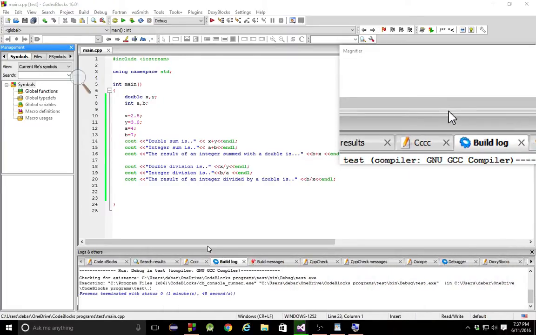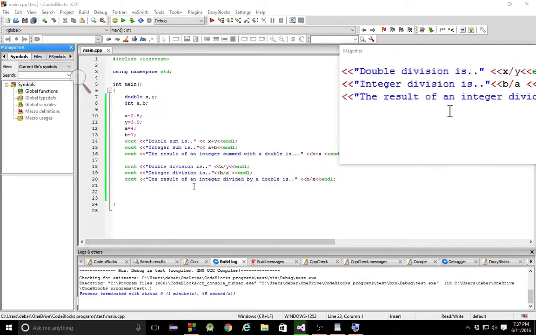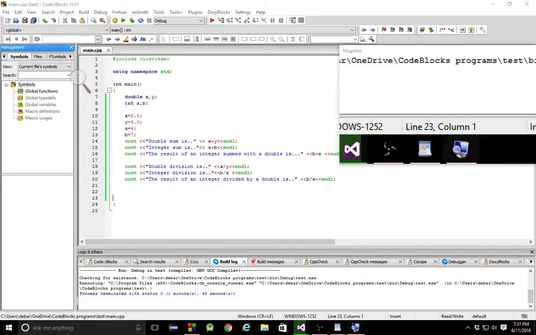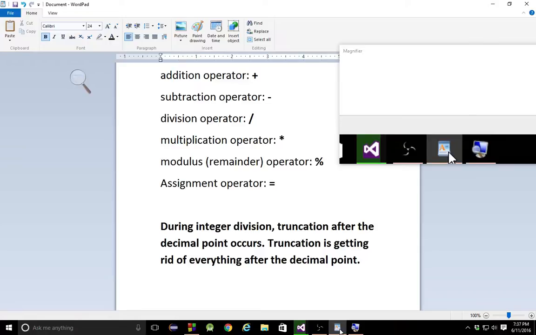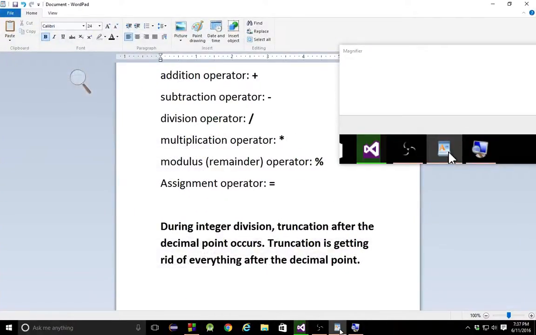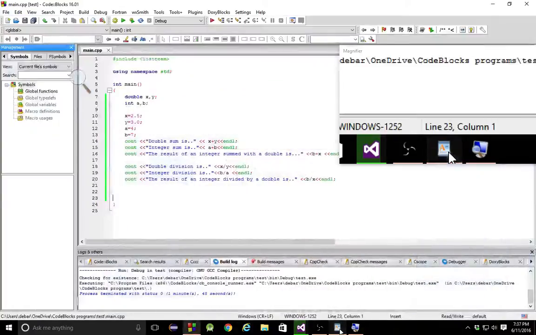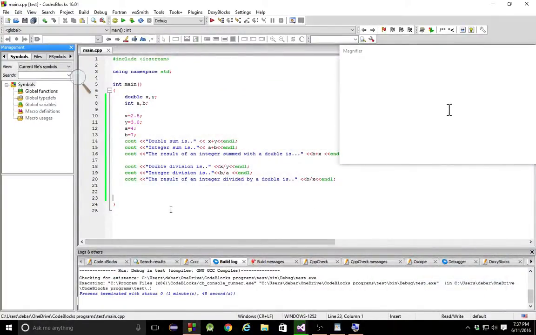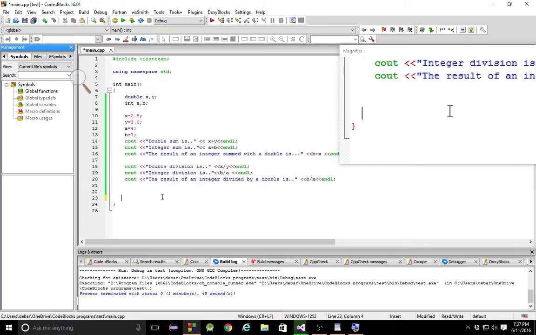Okay. So I don't want to waste our time doing multiplication and subtraction because it's going to have the same results as addition and division, essentially. But I wanted to show you how to use the modulus operator, which we've never done before.